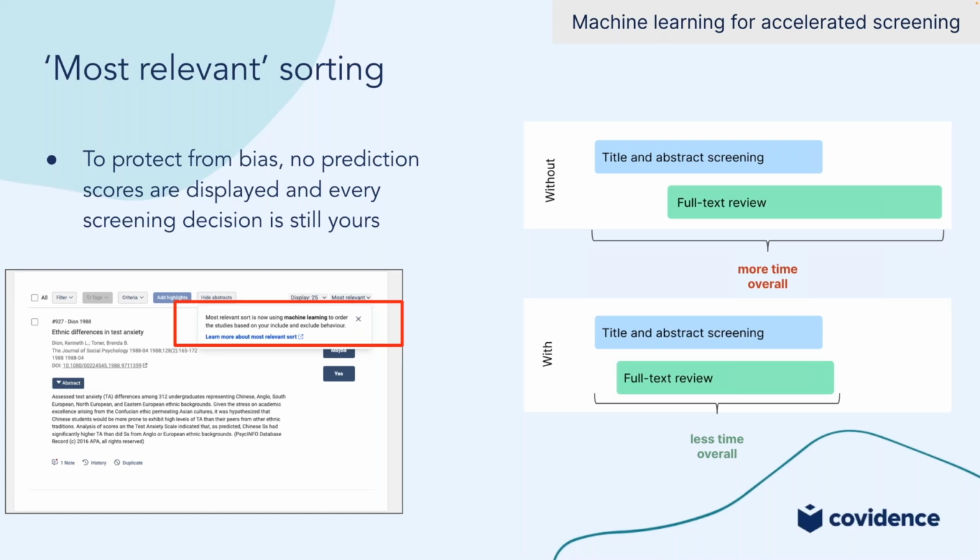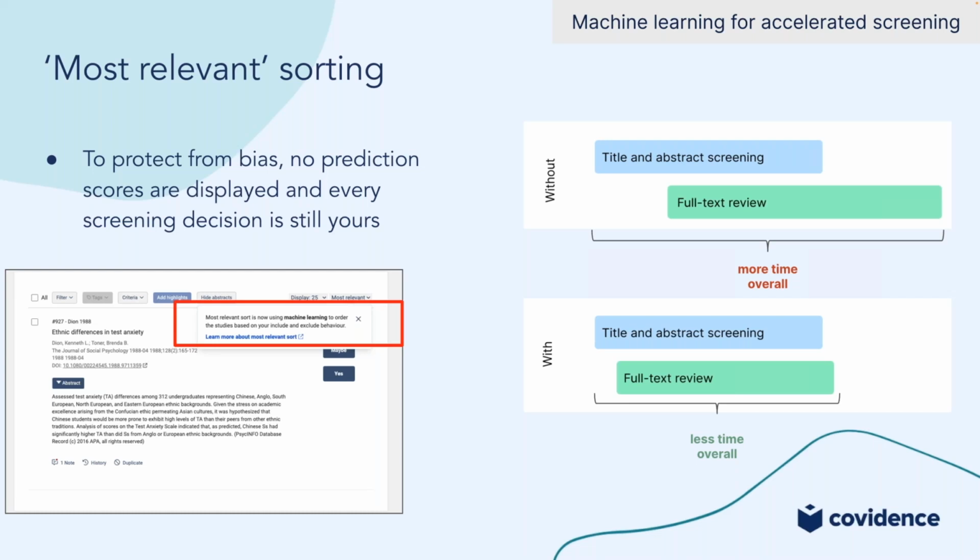And essentially, this process has the ability to shorten the workflow, if you like. So if we look at this slide on the right-hand side, although you'll still screen every single record, there's nothing done for you, there's nothing quarantined or taken away from you, the decision maker, the assumption is that if you move the relevant things into full text screening up front, closer to the start of the process, you'll cut down the overall time you spend screening, because anything that's likely to get included will happen at the start of the process.